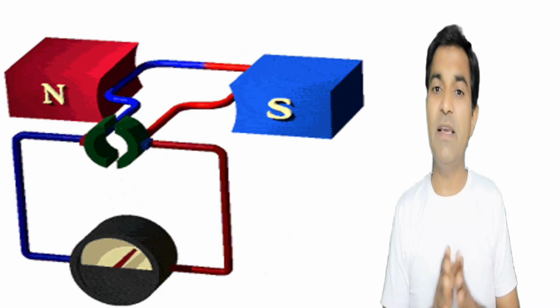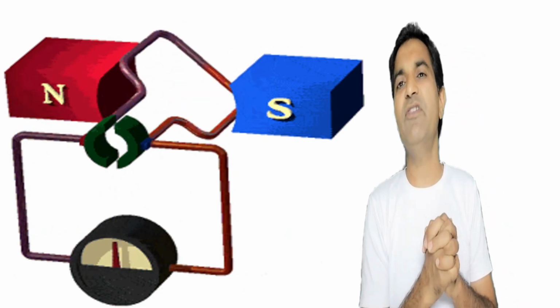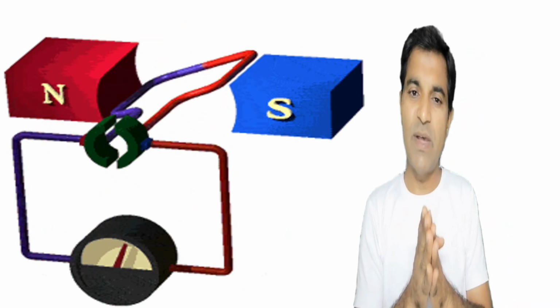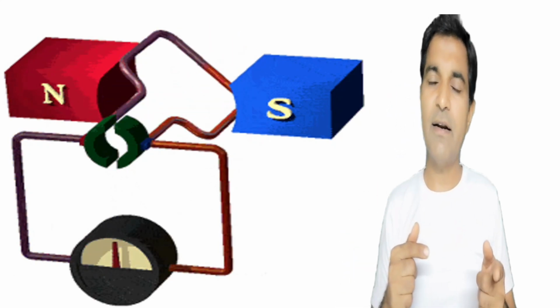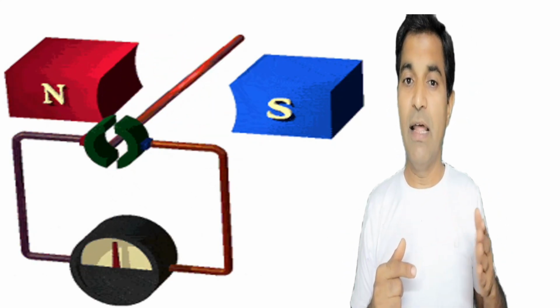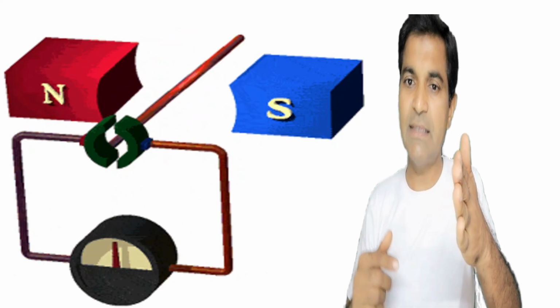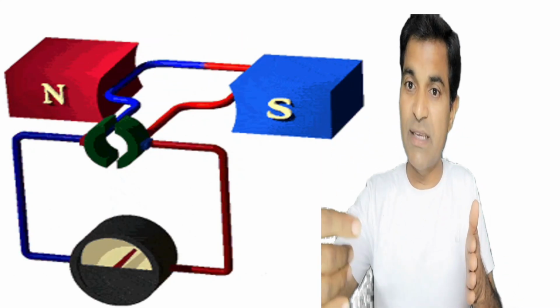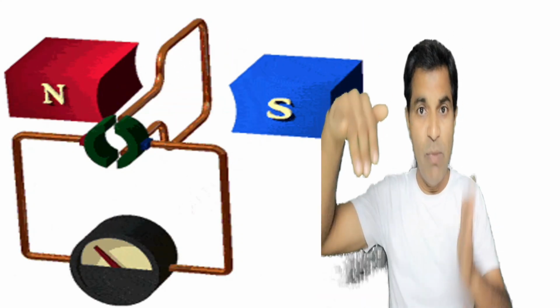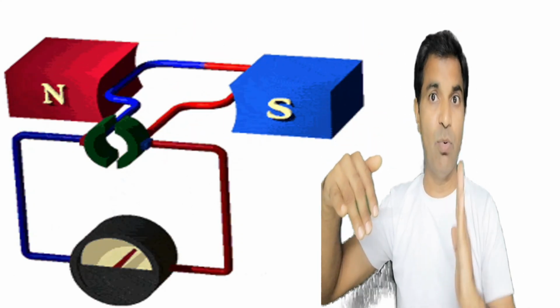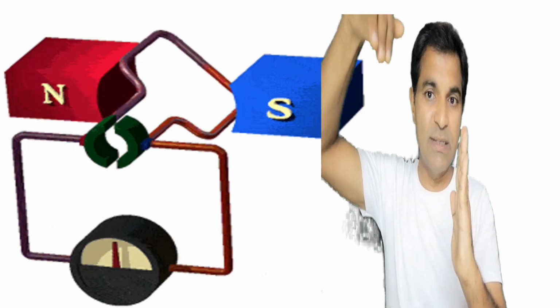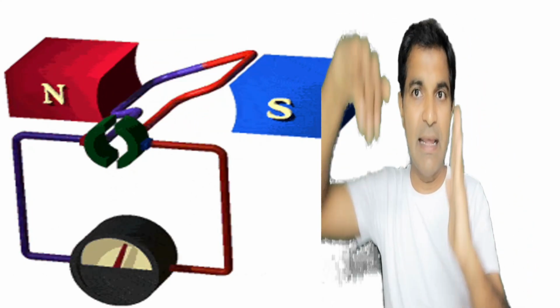So when we see the animation of this generator, it is very clear that whenever a conductor comes near the N pole, the direction of the generated current will be something like this, and whenever it comes towards the S pole, the movement is something like this.